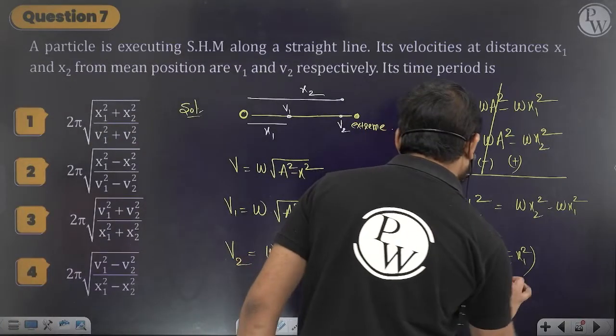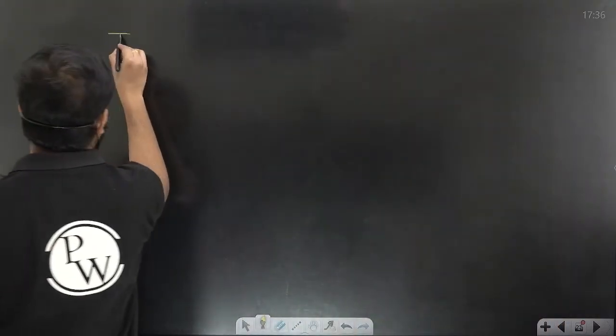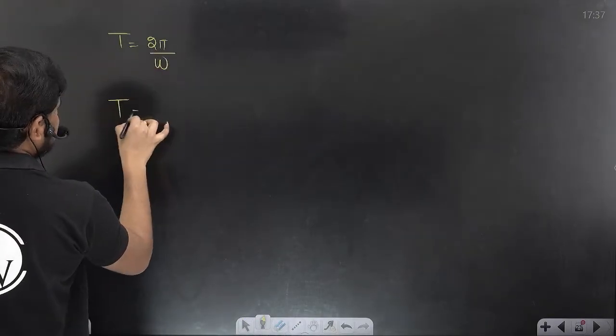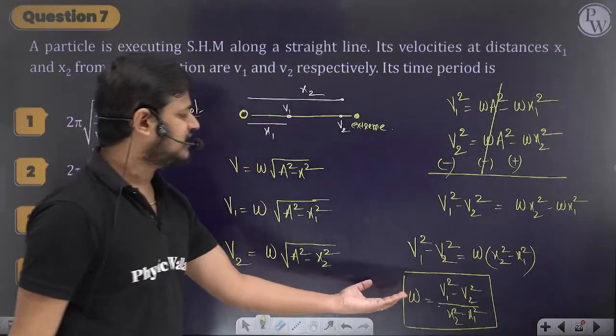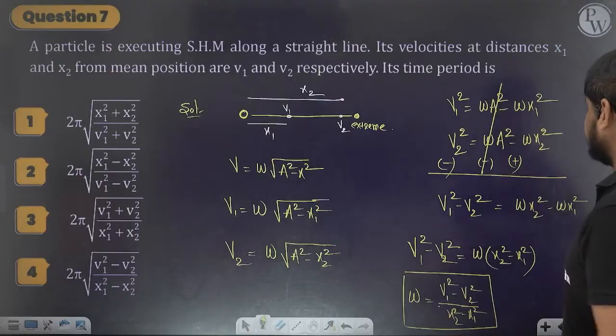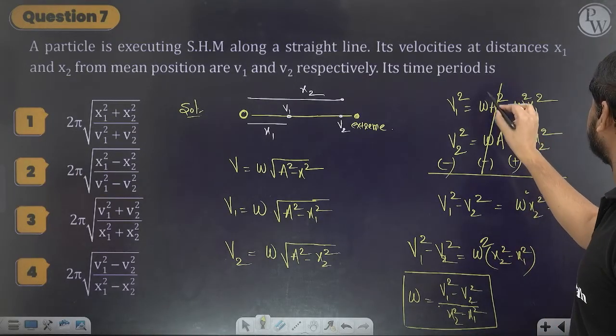So let it be the omega. Then I have to find what is the time period. I know the time period T is equal to 2 pi by omega. So in place of omega I am writing omega square, right? You should tell me.